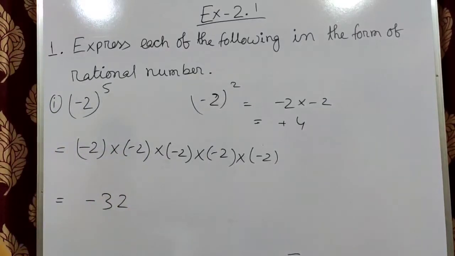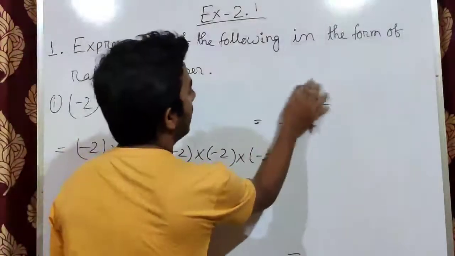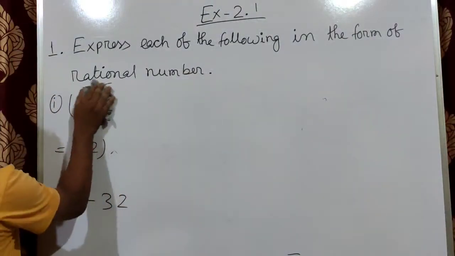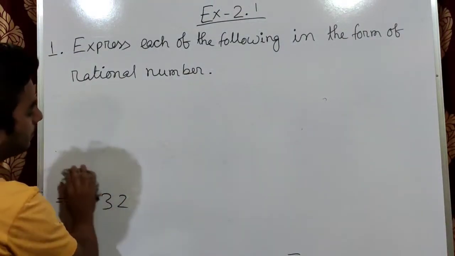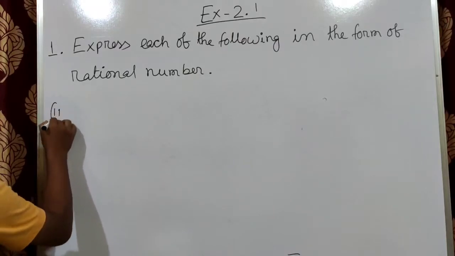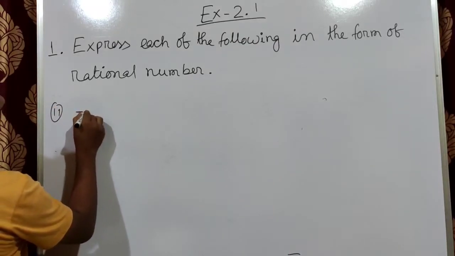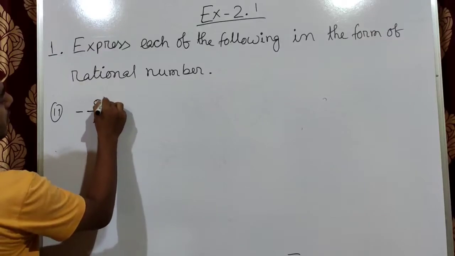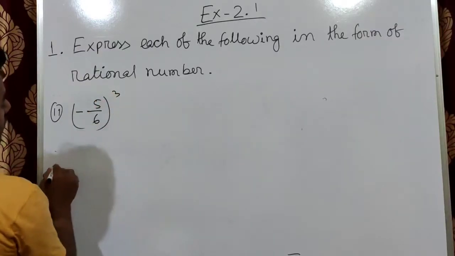Next is minus 5 by 6 power 3. Minus 5 by 6 to the power 3.